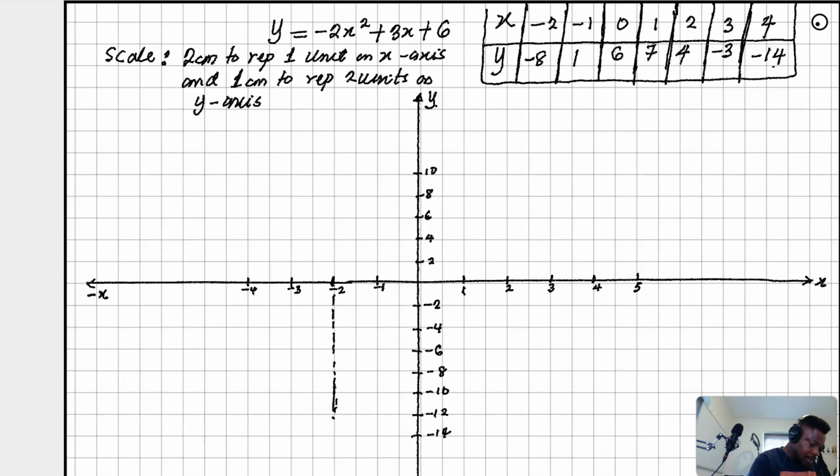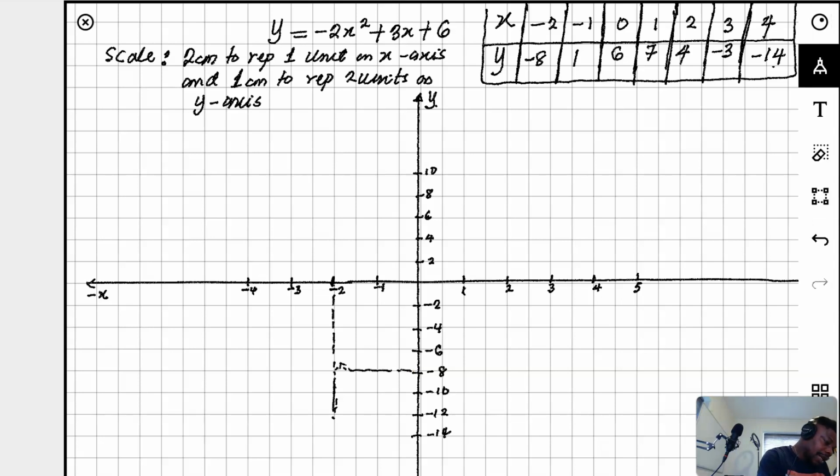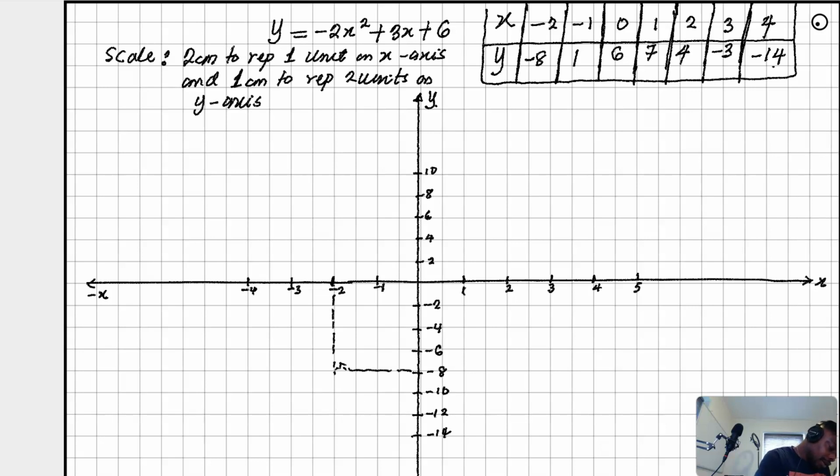So if you look at that, this is a dot. When x is minus 1, this is minus 1 here, and y being 1, that is half here. So there's a dot here.